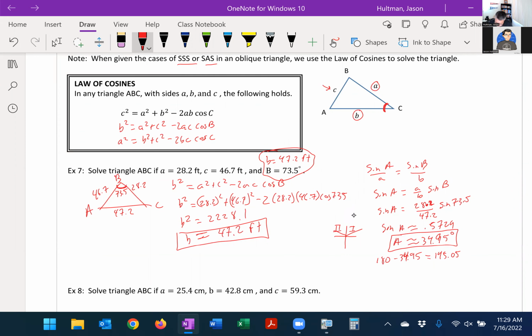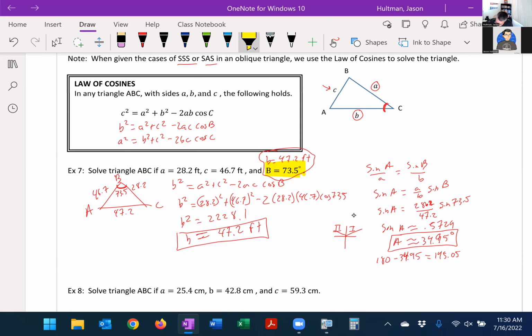However, what happens when I take the existing angle we were given? That's not a variable. That's a constant angle, 73.75, and we add that to the other obtuse angle for our obtuse triangle here.